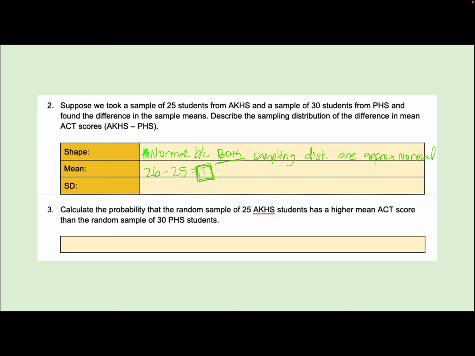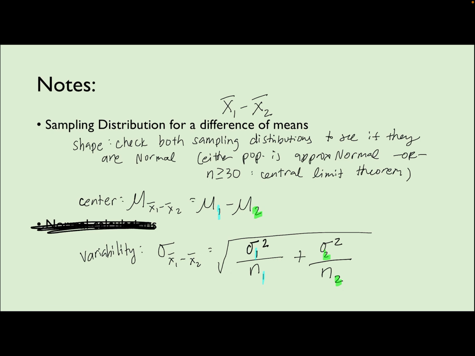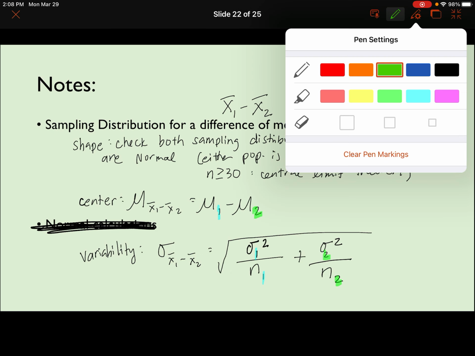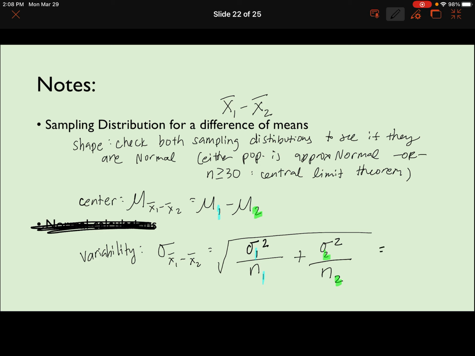To get the standard deviation, I know I sort of gave you a more complicated looking equation. I should actually go back and edit that real quick because there's a faster way to do it too, if you already know the standard deviations of your sampling distributions.